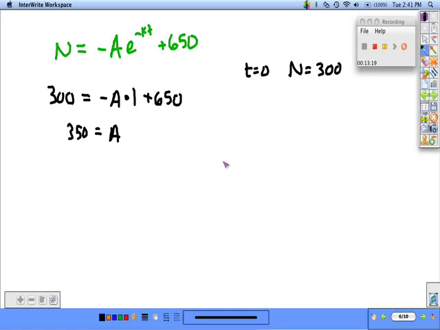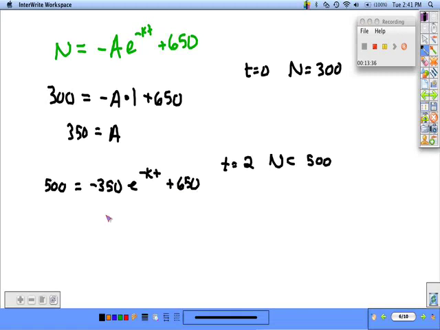If we plug in t equals 2 and N equals 500, we can solve this and get that k is approximately 0.4236.